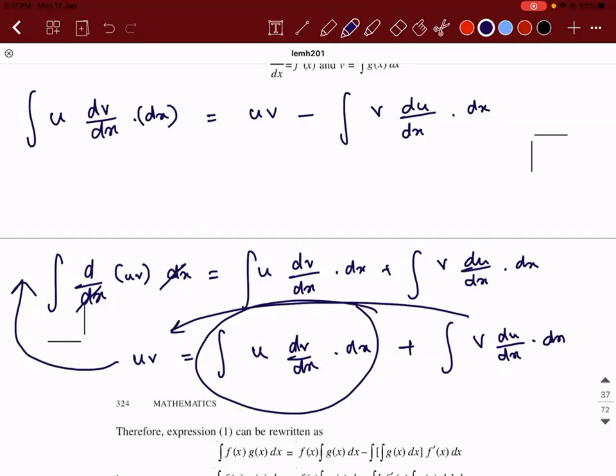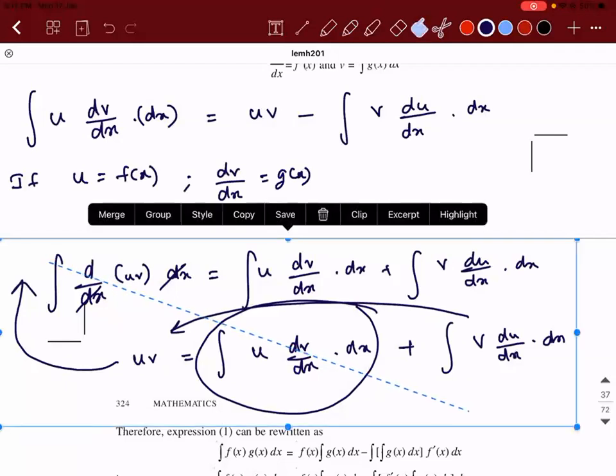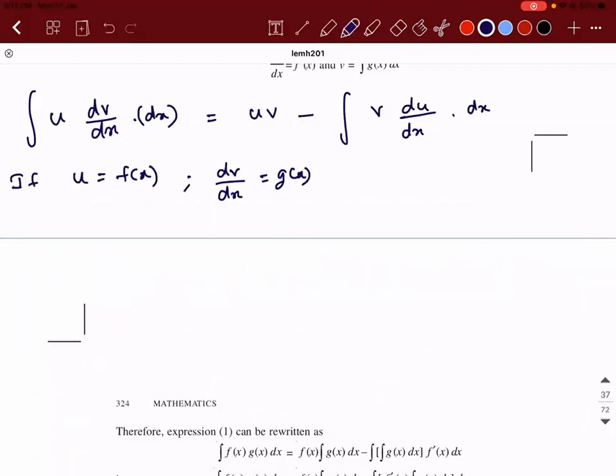Now comes an important point. If I take u as f of x and dv by dx as g of x. What did I do? I took u as f of x and dv by dx as g of x.